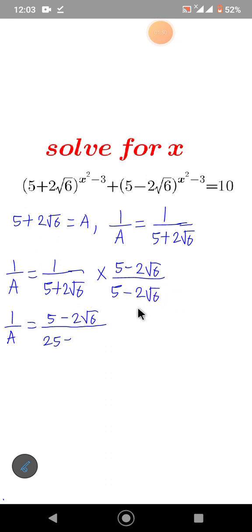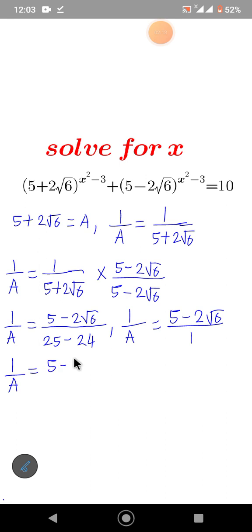So we have 4 times 6, which is 24. So therefore, 1 all over a will be equal to 5 minus 2 root 6 all over 25 minus 24, that will give us 1. So 1 over a is equal to 5 minus 2 root 6.